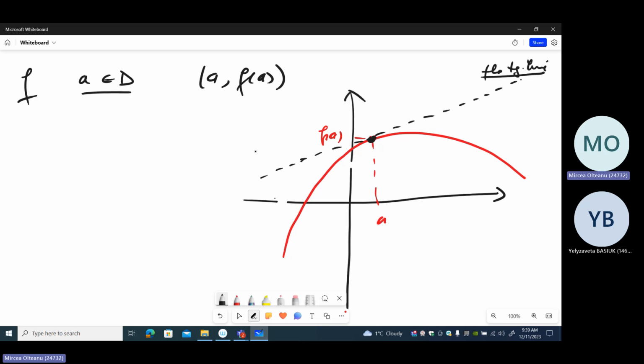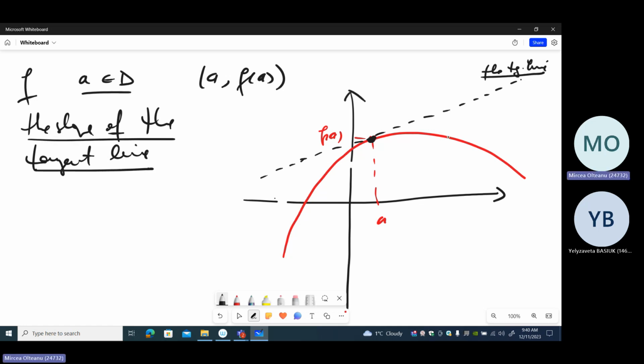Or equivalently, we need a slope. If we know the slope, again, we can write the equation of the tangent line. Now, another point we cannot find on this straight line. So what we are looking for is the slope. So the problem is to find the slope of the tangent line.